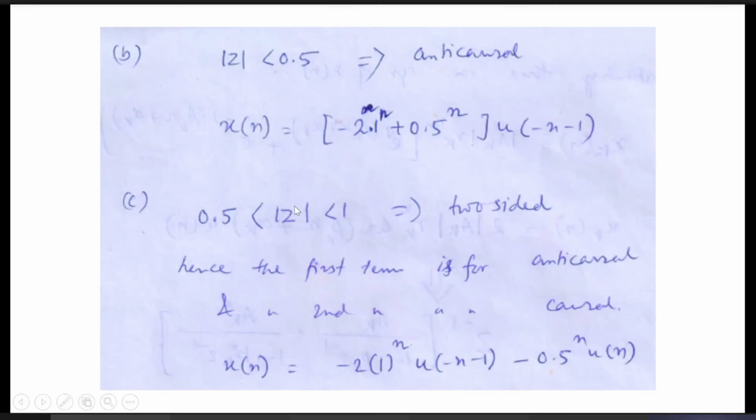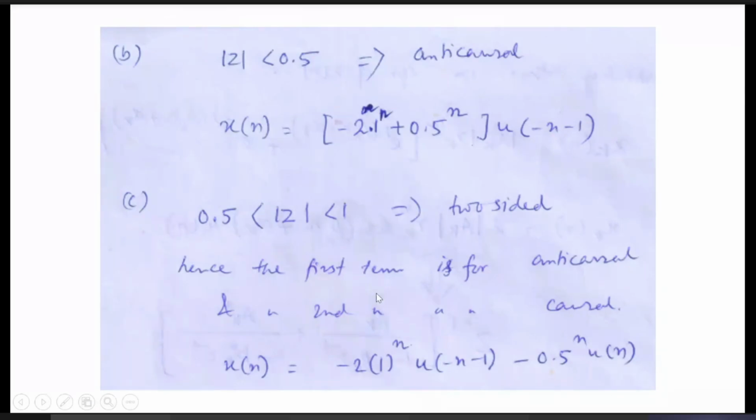The poles which correspond to a value higher than 0.5 will represent the causal sequence for the associated term.